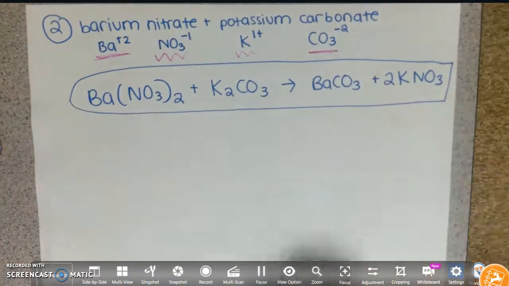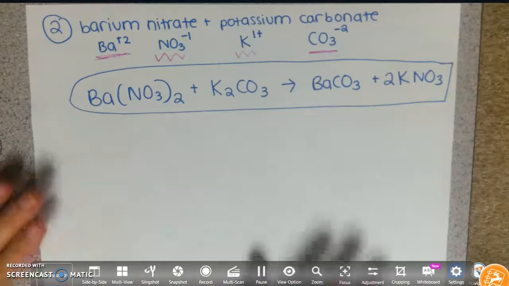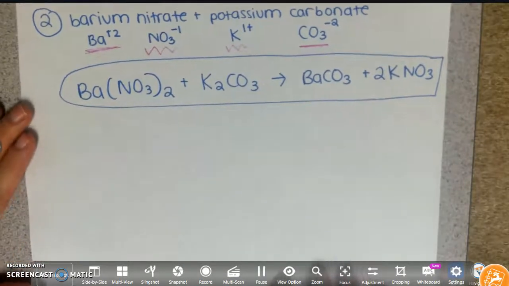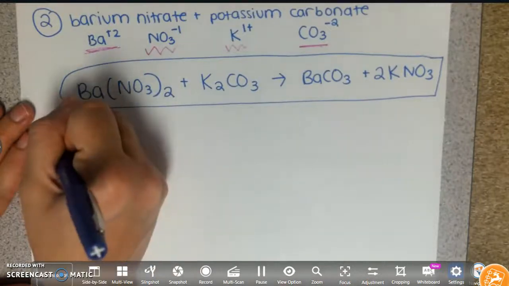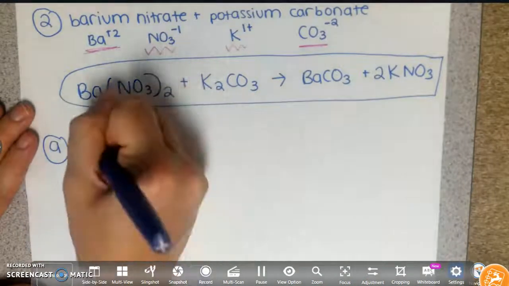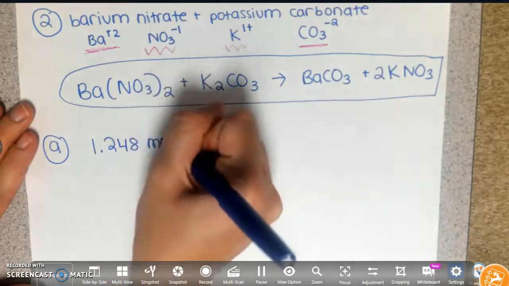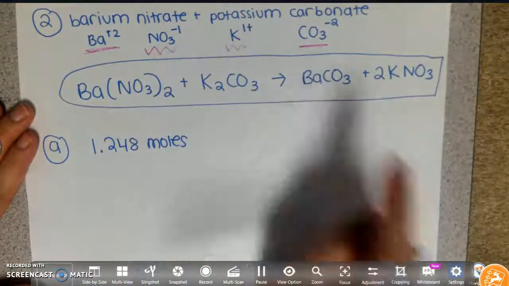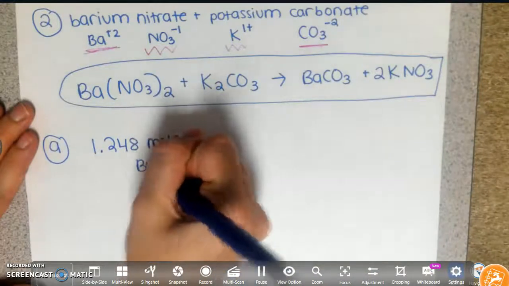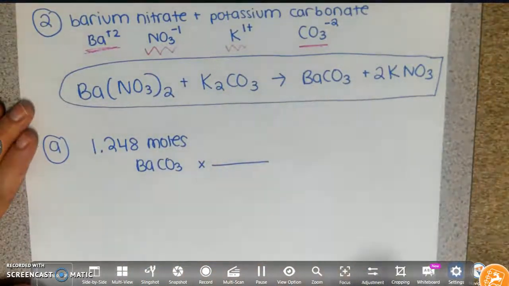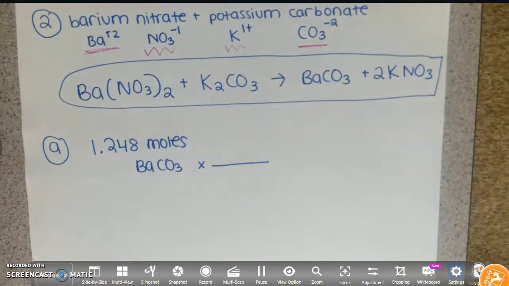Okay. So problem A says how many moles of barium nitrate are needed to produce 1.248 moles of barium carbonate. So we always start with what we're given. 1.248 moles, and barium carbonate is that. Okay, times. Now I want to solve for moles of barium nitrate. I have moles of barium carbonate.